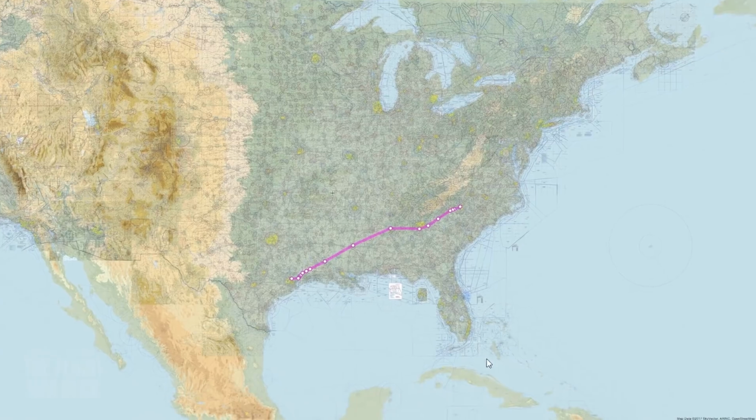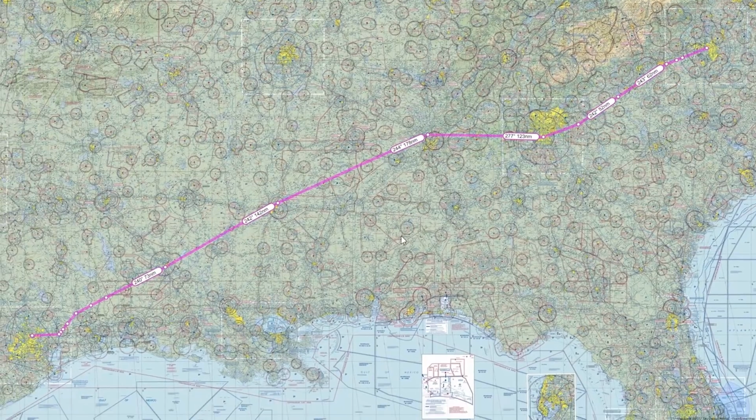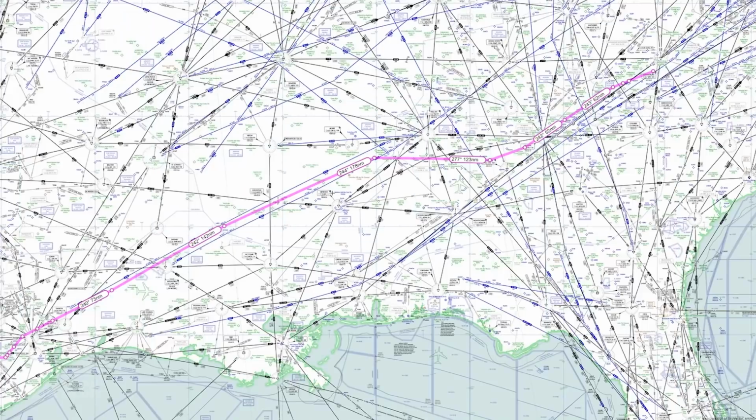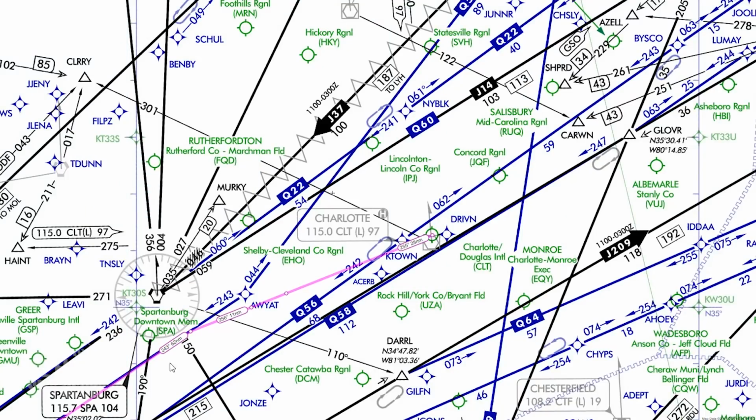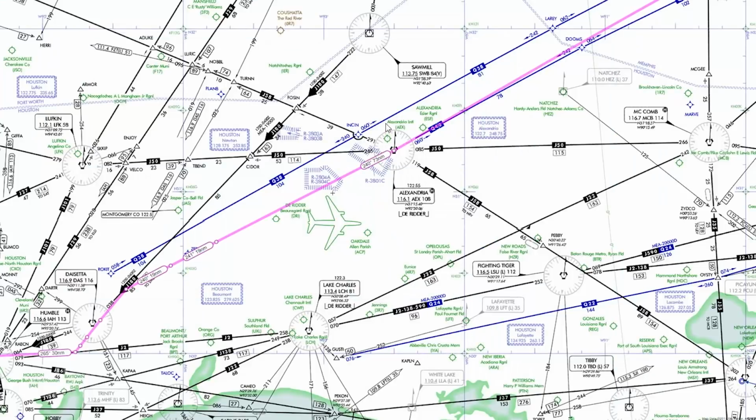So this is skyvector.com. I use this to map out my routes. I don't use it to plan my routes. I usually get my routes from SimBrief or FlightAware, but then I do map them out on SkyVector. We're going to be departing with the Ester 3 departure, and that's going to bring us southwest and down this way, which will put us into Texas.